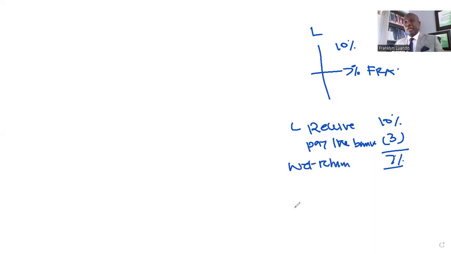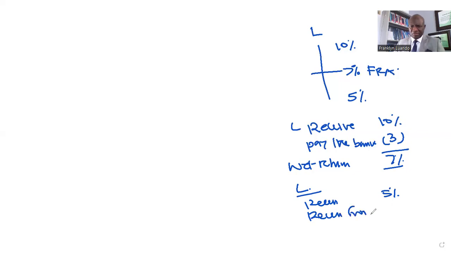That is situation number 1. Now let's consider situation number 2. If the interest drops to 5%, the lender will receive 5%, and the lender will receive from the bank 2%.